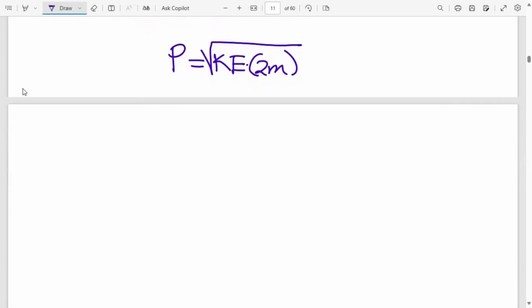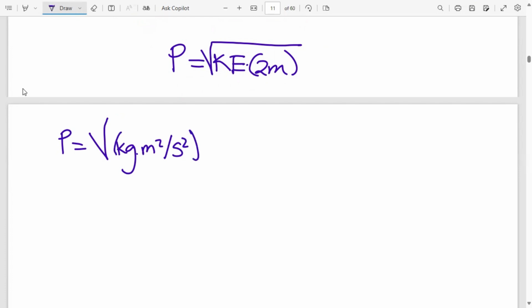Okay, so we can now plug in the units that we know. We'll say P is equal to the root of the units for Ke. They've told us this is kg meter squared per second squared, like that. Then we are multiplying this by what?